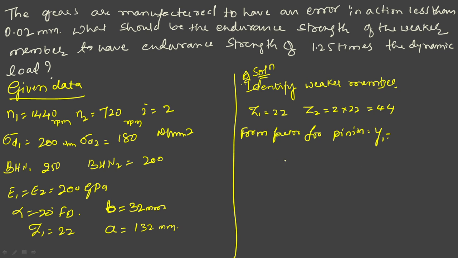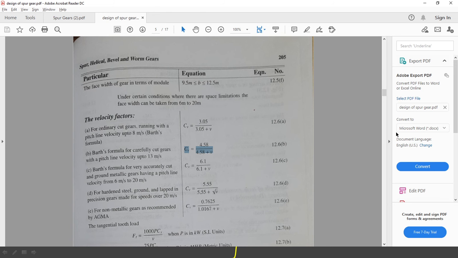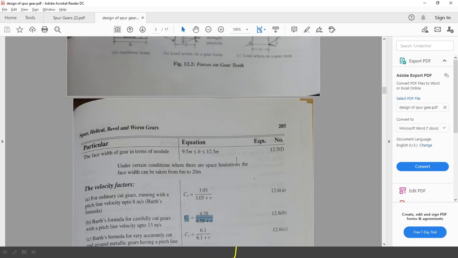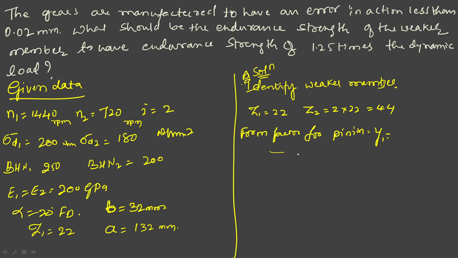Note the equation from the data handbook: 0.175 minus 0.95 divided by Z1.